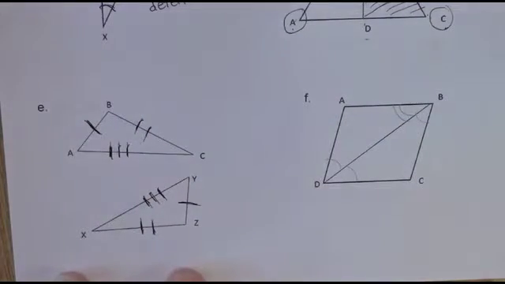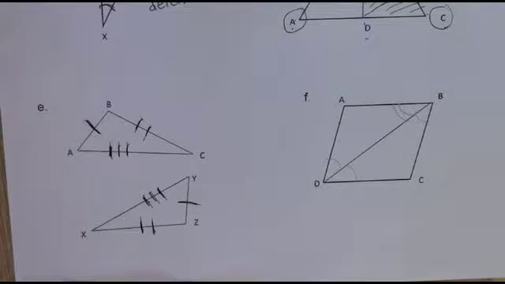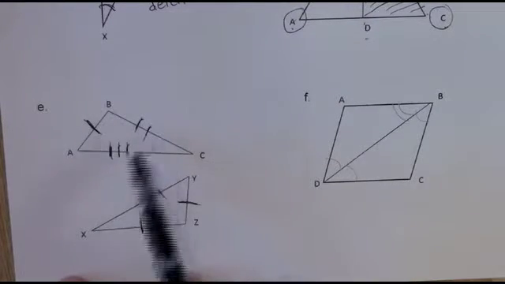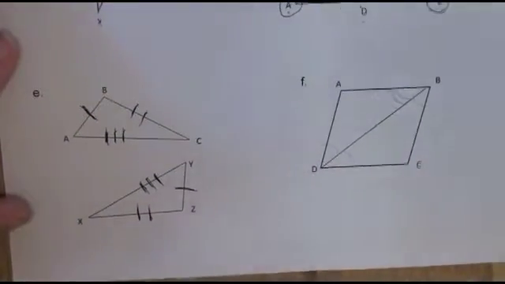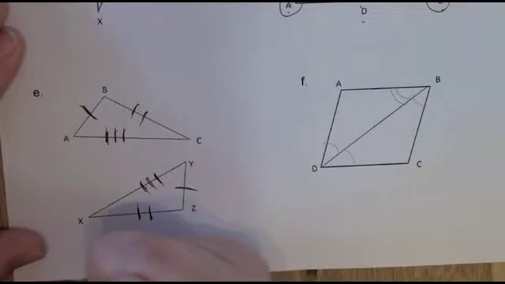We know nothing about the angles, but we do know that this triangle has 3 sides that are congruent to this triangle. Well, that's side, side, side. 3 sides, side, side, side is congruent to side, side, side. So we just got to write the congruency statement, put them in the right order.